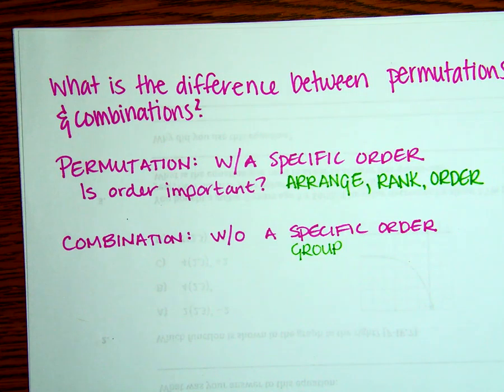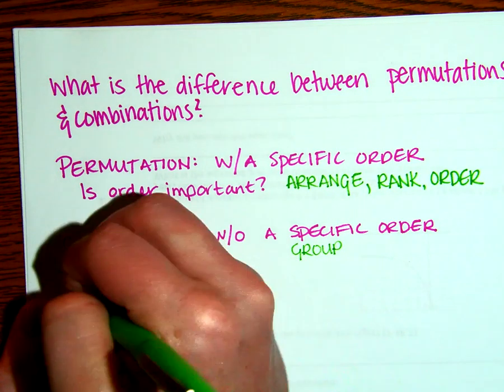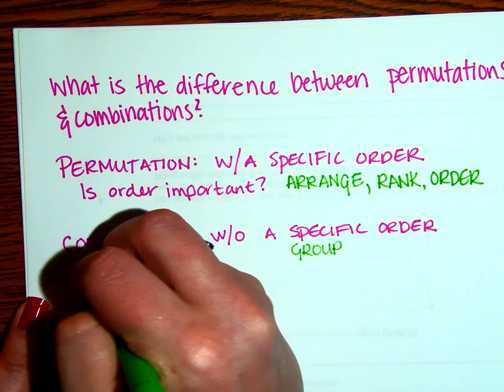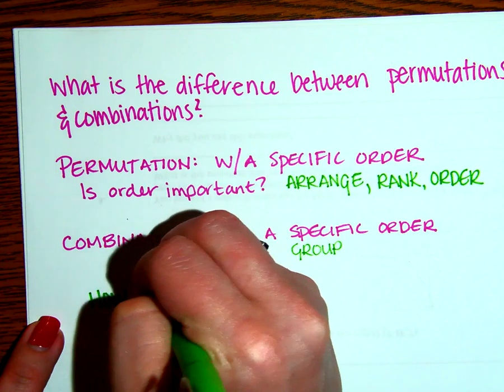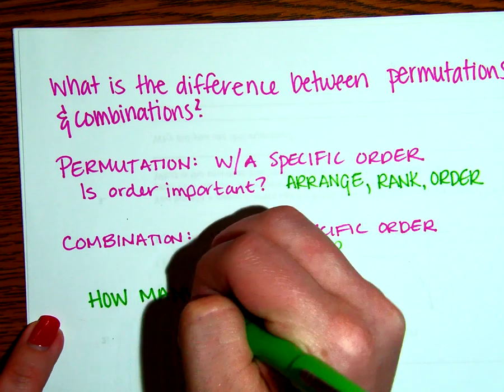So I'm going to read off some situations and we're going to see if we can figure out, is this a permutation or a combination? Okay. One thing that you see, if you see this over and over and over again, this is the same thing. I'm going to write a few down on here.